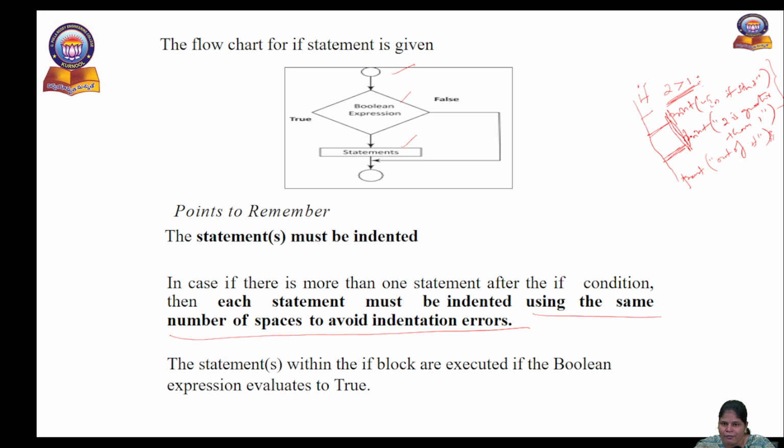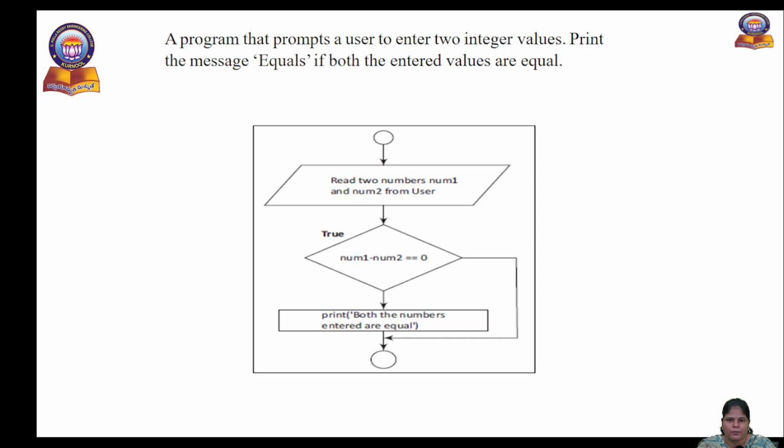When you are away from the if suite, that means when you want to print any statement when the condition is false, then you have to move to the same line where if has been started, and from there write the statements that you have to print. The statements within the if block are executed if the Boolean expression is evaluated to true, right?